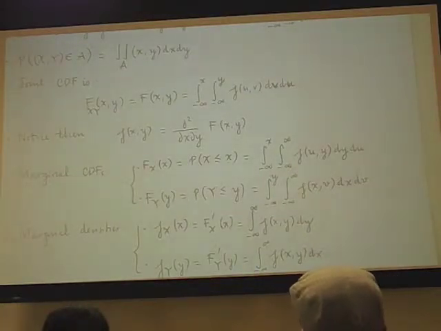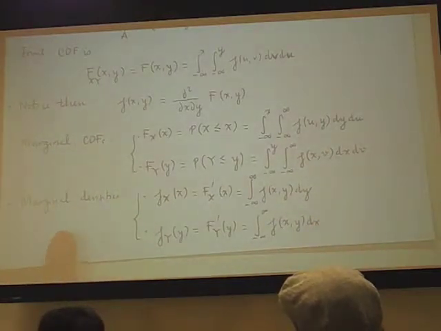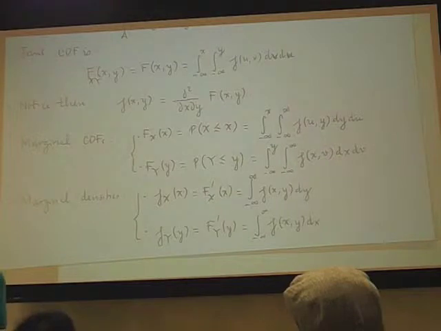And of course, there are two other things as well, marginal densities. What do you think they are? Well, if you want to compute the marginal density with respect to x, you just take the derivative of the marginal CDF with respect to x.